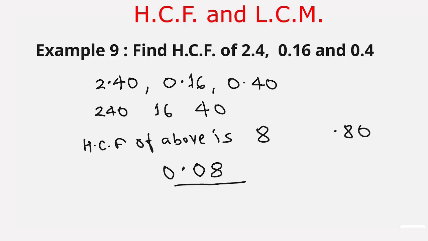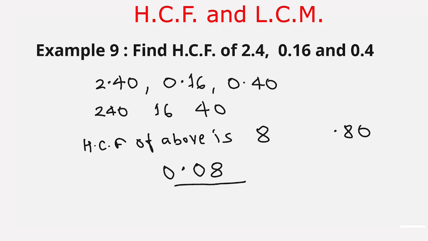Now we have to put the decimal in such a way so that after the decimal there are 2 digits. So what we will do? We will put 0.0 prior to 8. So it will become 0.08. There will be 2 digits after the decimal as asked in step 3. So our HCF of 2.4, 0.16 and 0.4 becomes 0.08.